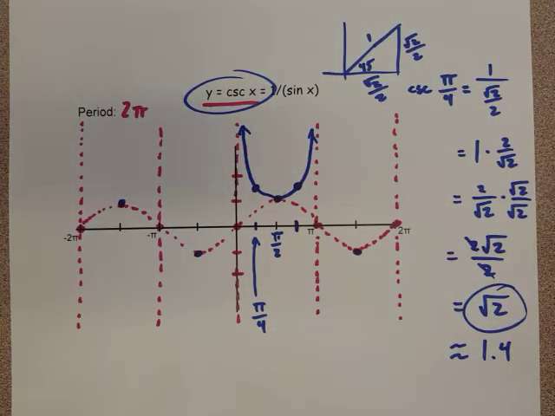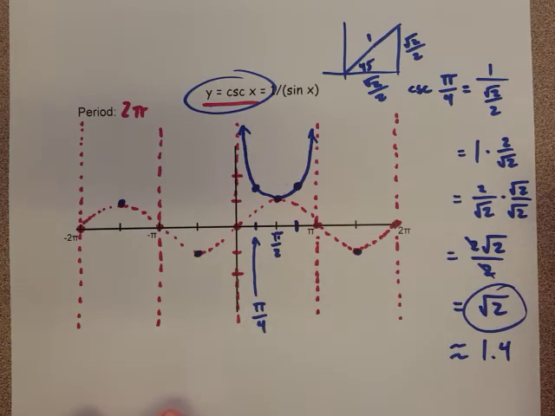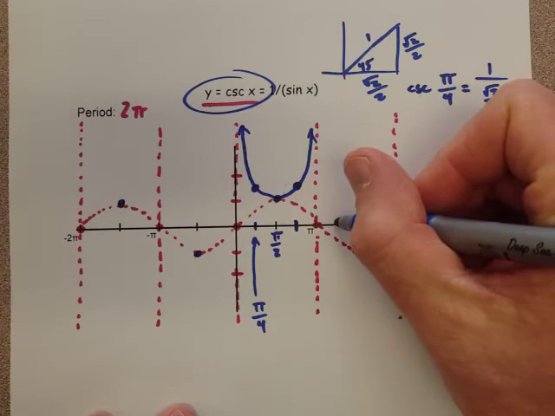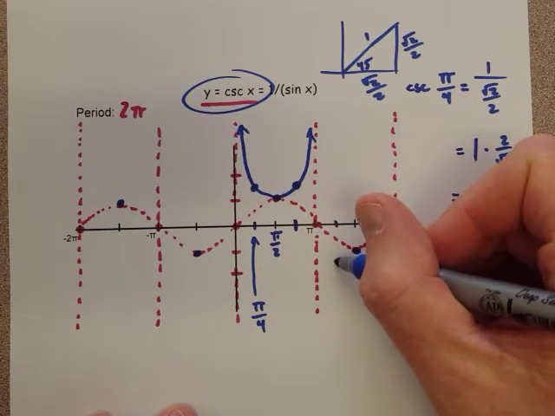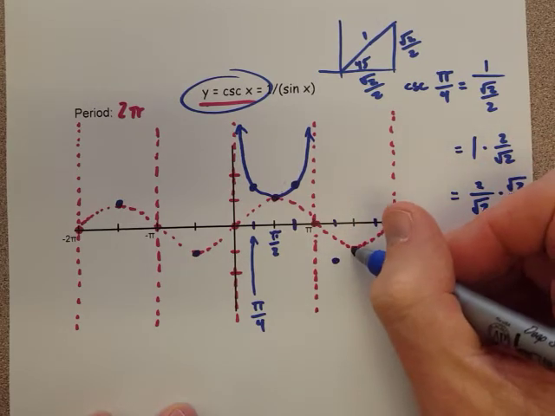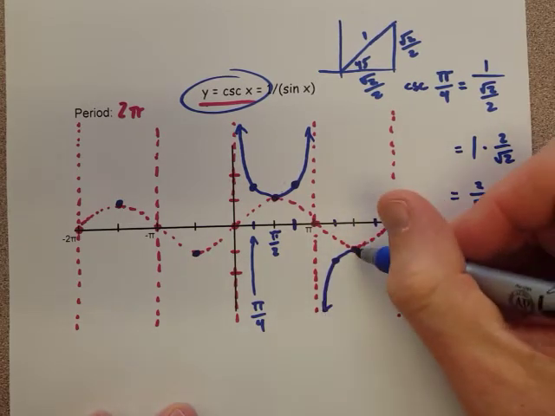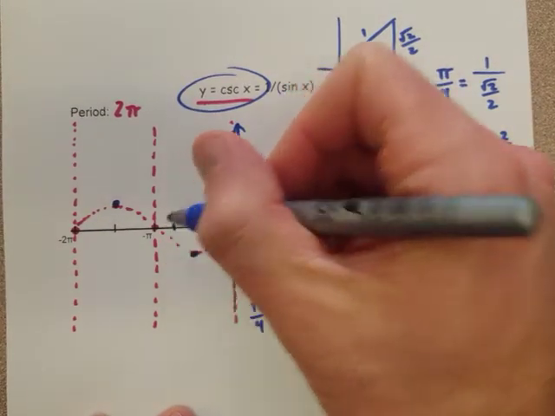All right, so that one branch is going to be representative of all the other branches throughout my graph. So now I can go and just sort of eyeball it. I'm going to just do the best I can here. I'm not going to be too concerned about getting exactly on, but I'm just going to mimic the shape in all of those different branches.